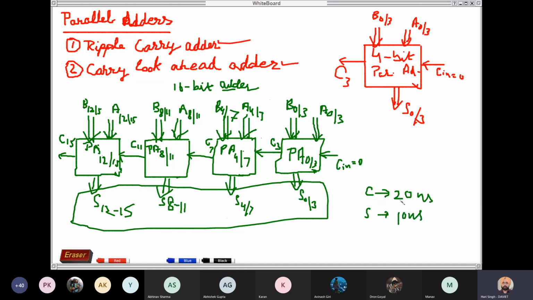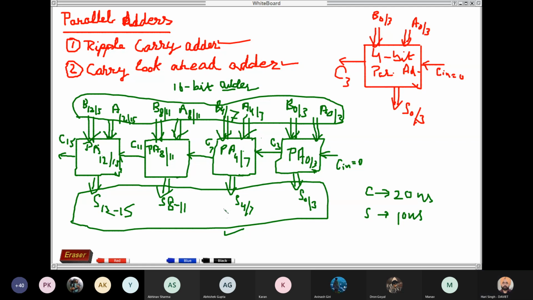Yes, students, please solve this problem and tell me the final answer. It means the time between when the input is applied to the 16-bit adder and the adder circuit gives us the final output. So you have to find the total time. Okay. Yes, please solve this problem.